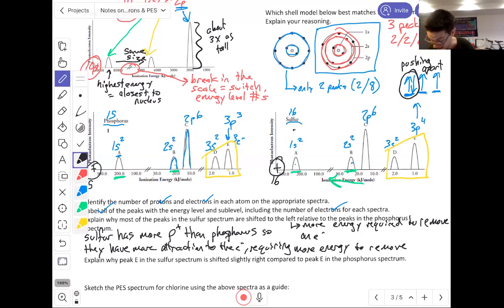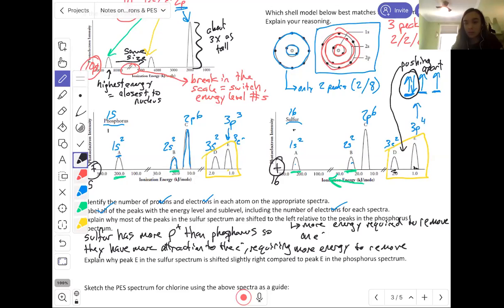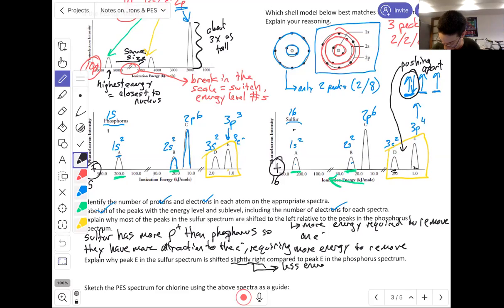All right, they are pushing apart. And what does it look like these 2 peaks here are doing to each other? They're pushing each other apart. So peak E is shifted slightly right. And again, slightly right means less energy required to remove an electron.